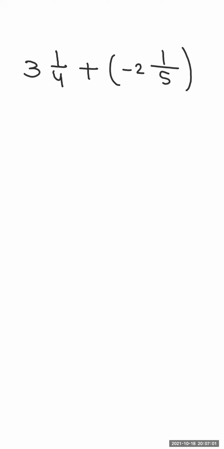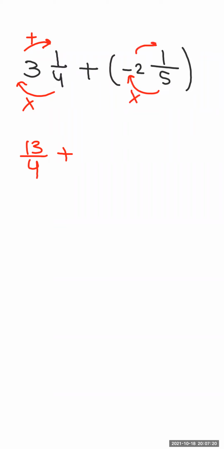How? 4 times 3 equals 12, plus 1 equals 13, over 4. Then plus the next number, 5 times negative 2, it's negative 10. Ignore the sign here. So 5 times 2 is 10, plus 1, 11 over 5. So it will be negative 11 over 5.